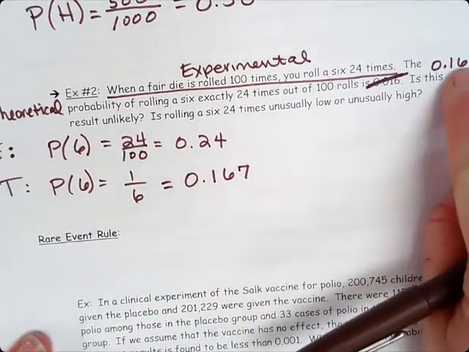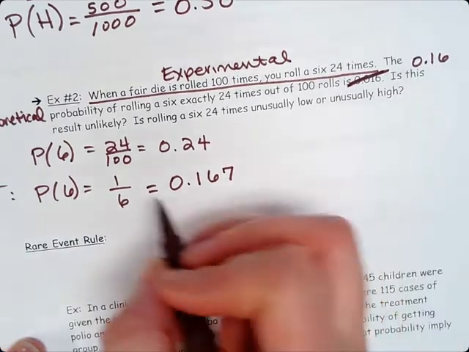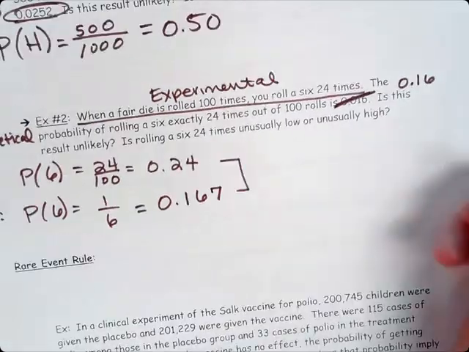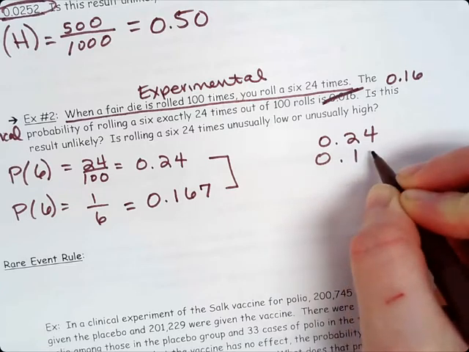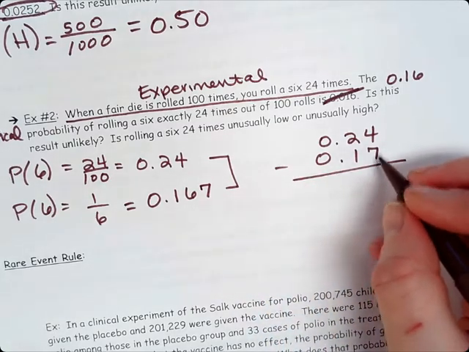So that's where that number came from. That's how I know it's a typo. So if we look at the difference between this, 0.1, I'm going to put this as a 7. That'd be 7.